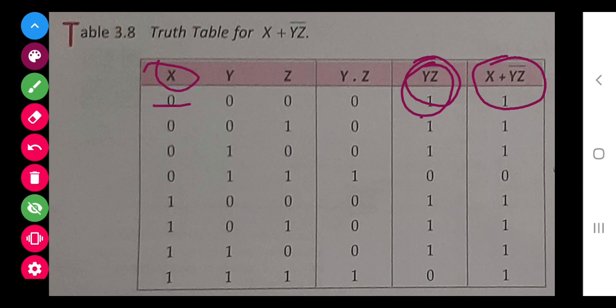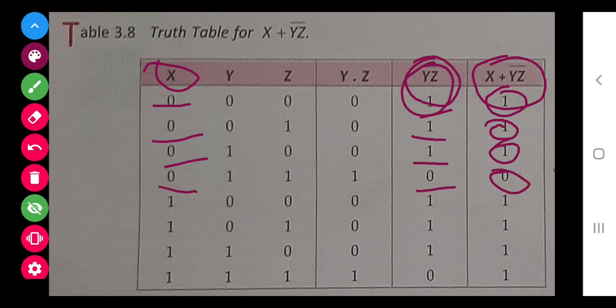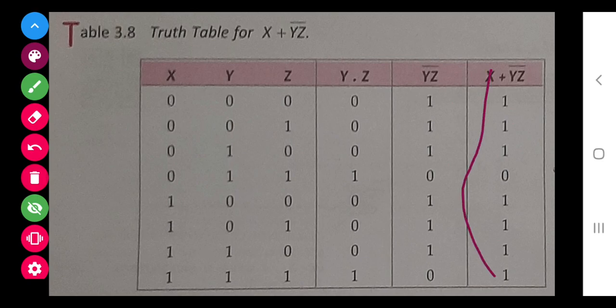So 0 OR 1 will be 1, 0 OR 1 will be 1, 0 OR 1 will be 1, 0 OR 0 will be 0, then 1 1 1 1 1 1 1 1 and 1 0 1. So class, this is the final output that we have got for this.